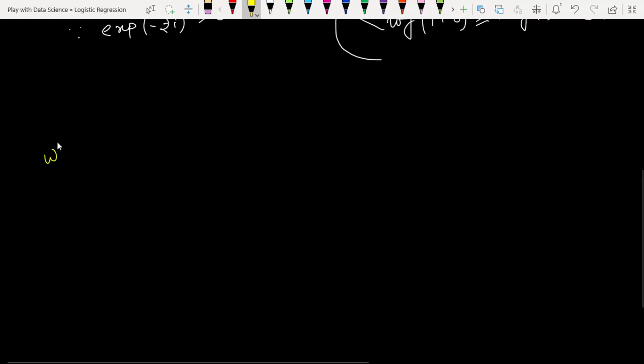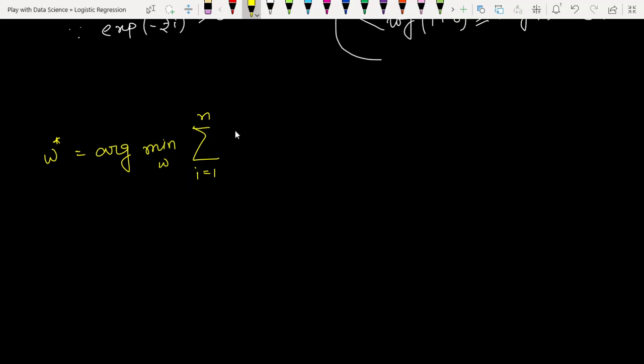Now, what is our W star? W star is the arg min over W of the summation, i equals 1 to n, where n is the number of data points in our training data set, of log of 1 plus exponential of minus zi.